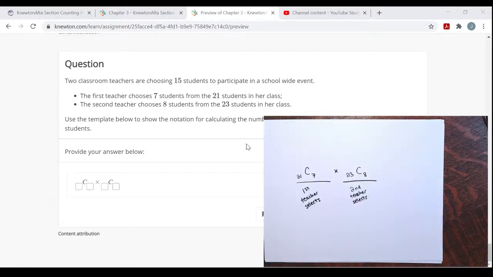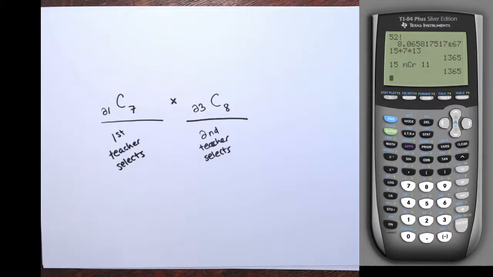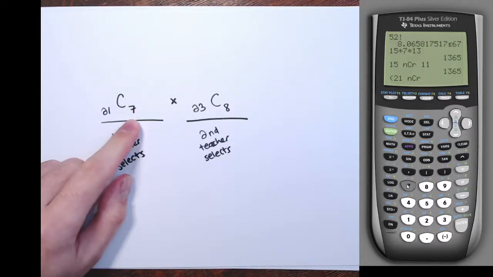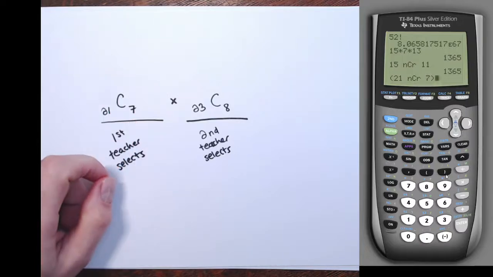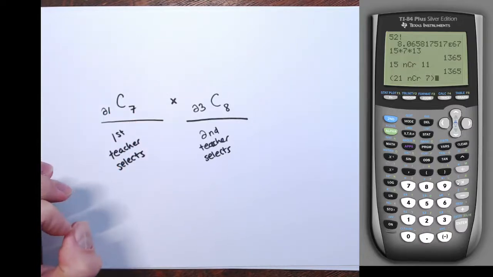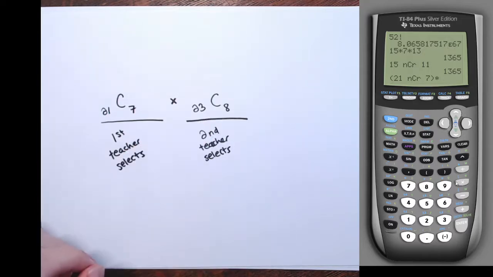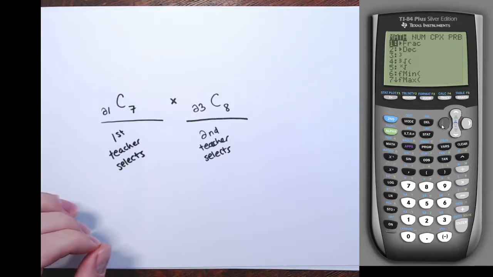I can enter this in my calculator. Let me pull this up and make it bigger. I'll put in parentheses the number of ways the first event can happen, 21 choose 7, times the number of ways the second teacher can choose hers, 23 choose 8.